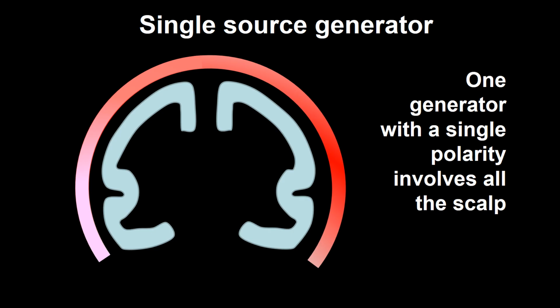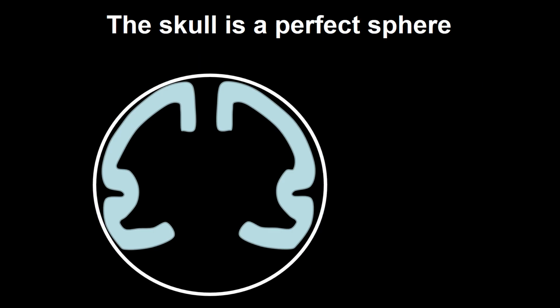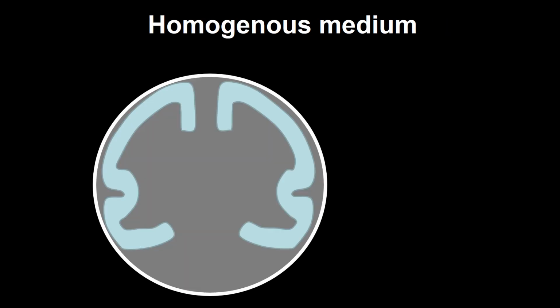Here in this frame I have represented a negative potential in red and the surrounding area in pink. Here in this new frame I am depicting two polarities, the positive polarity in blue and the negative polarity in red. A second assumption is that the head is a perfect sphere with uniform homogeneous volume conductor properties.